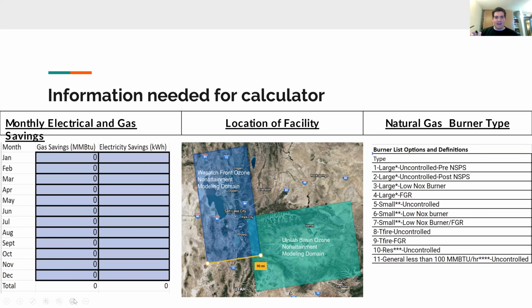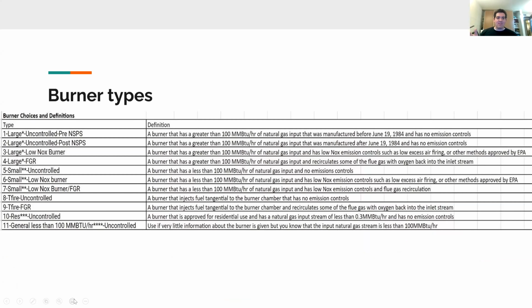Going into the burner types, we have four different types of burners. We have large burners, small burners, T-fire, which stands for tangential fire, and then residential burners.